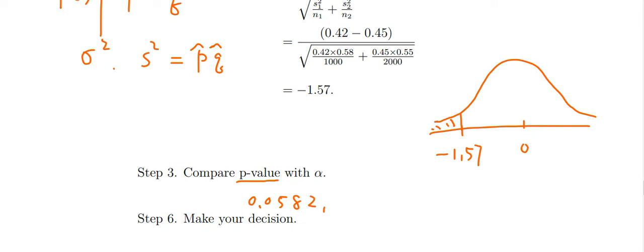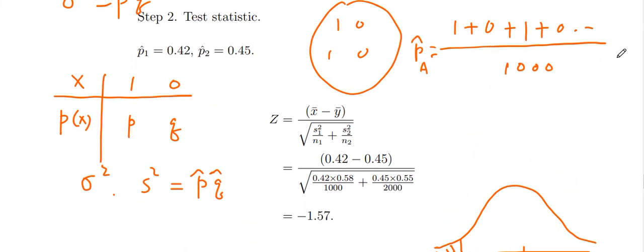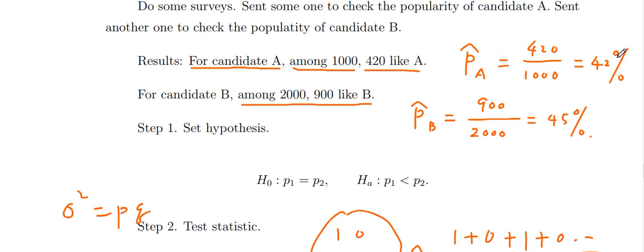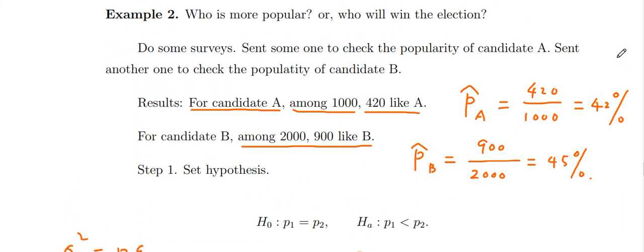Then we compare the P value with alpha. So let's check what alpha is. Oh, here there is no alpha. The problem does not specify alpha. The question is, we have the data, so can we say candidate B is more popular?